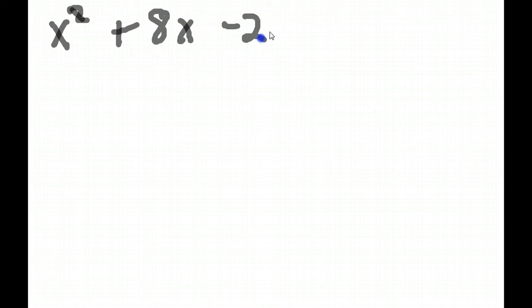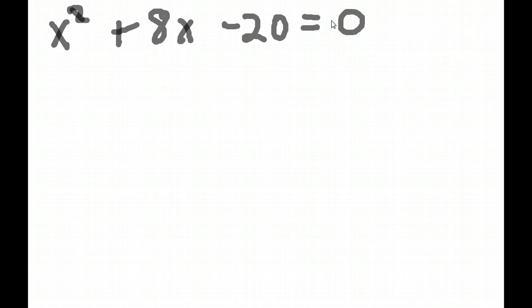But now let's do an actual problem. There's one on D. On D as in dog? Yep. Okay. So now let's look at an equation. We have x squared plus 8x minus 20 equals 0.